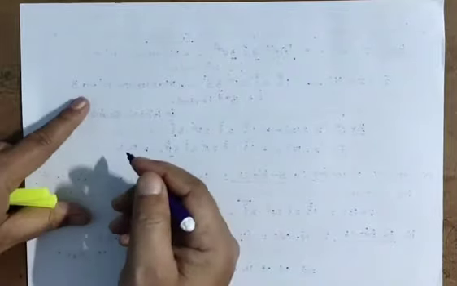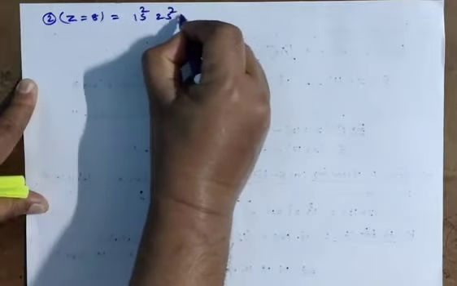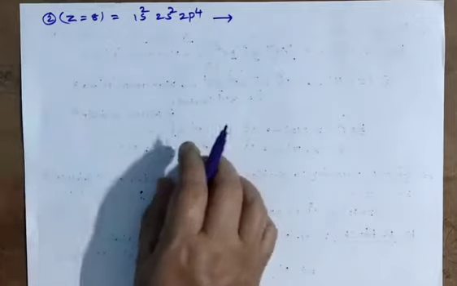I am taking an example here. Example number 2: atomic number 8, Z equal to 8. Configuration 1s2, 2s2, 2p4. Very simple.